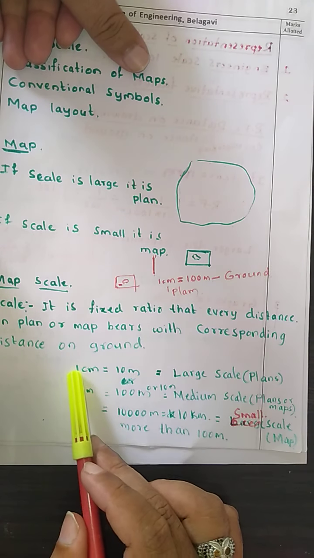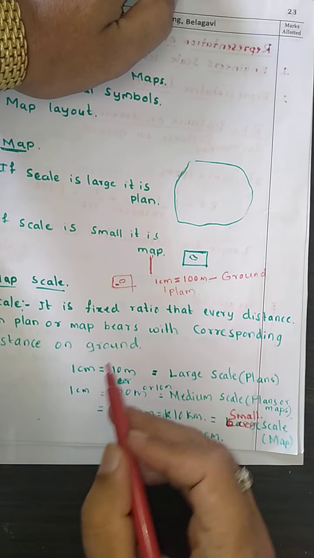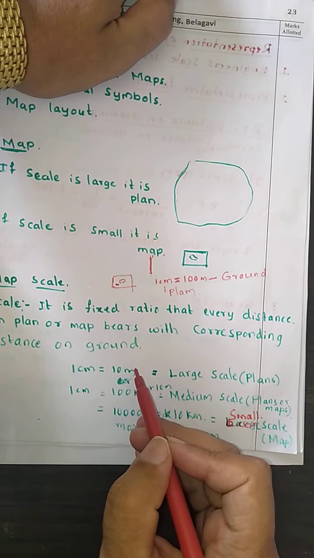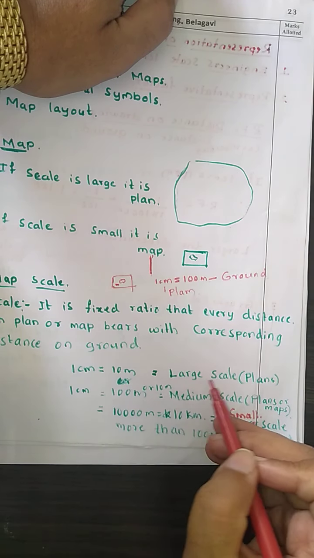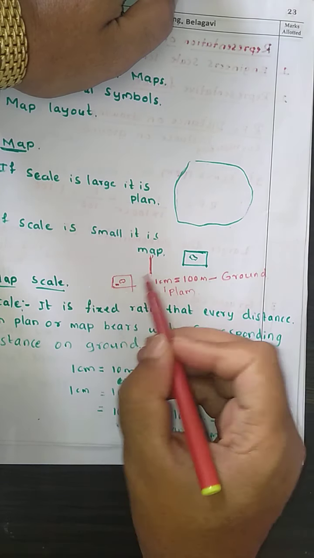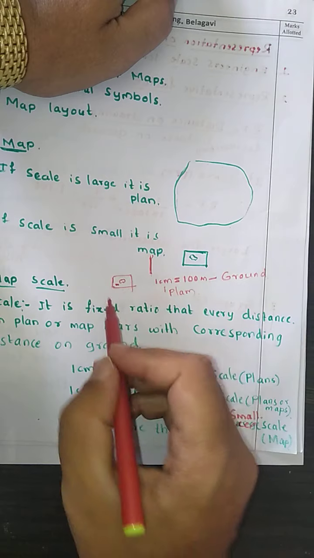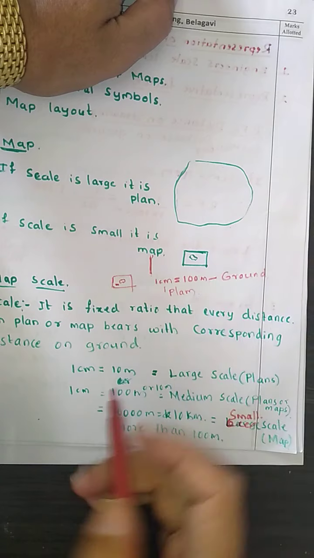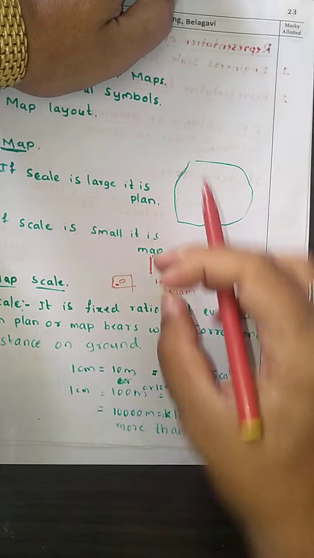A large scale is when 1 centimeter on a sheet of paper represents 10 meters on the ground. With 1 centimeter on paper and 10 meters on the ground, the object will look large.